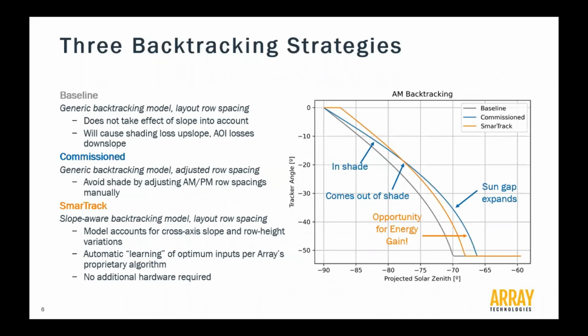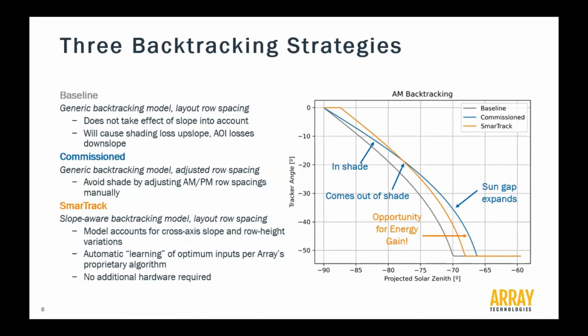It uses a proprietary process to learn the underlying model parameters for each motor block without adding hardware to the system. You can see that rather than changing the shape of the baseline curve, the SmarTrack curve simply appears shifted, which represents the optimum position at each point.